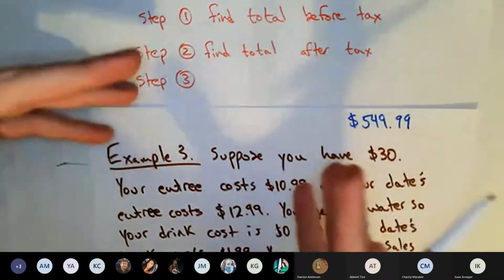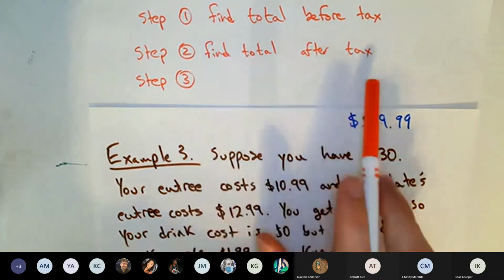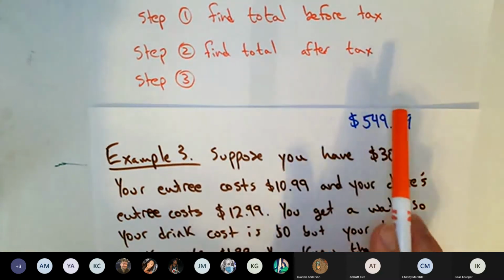So I'm going to have some amount with tax included, and then let's see, Aja, what do you think would be the last step? So at this point, you would have your total after tax.